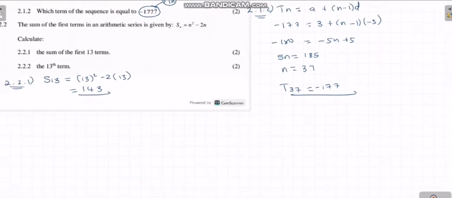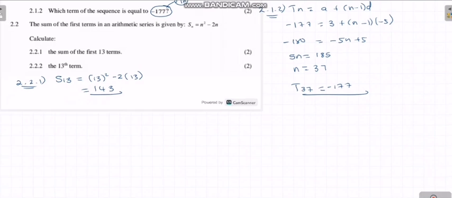And the next question, they're looking for term number 13. So they're looking for T13, which is sum of 13 minus sum of 12. So we should find the sum of 12 first.